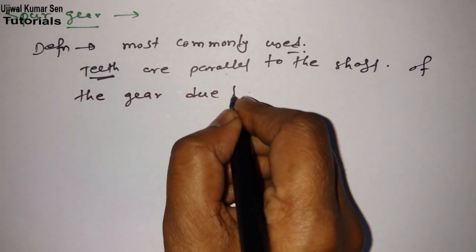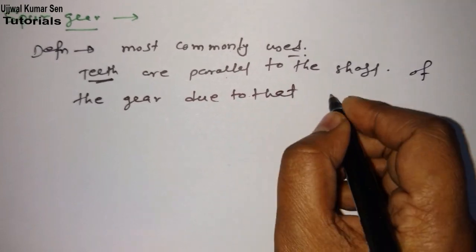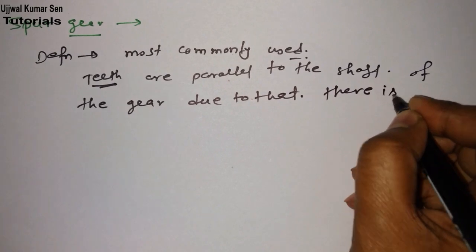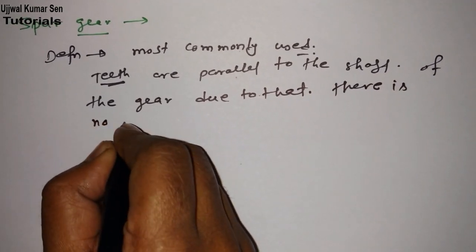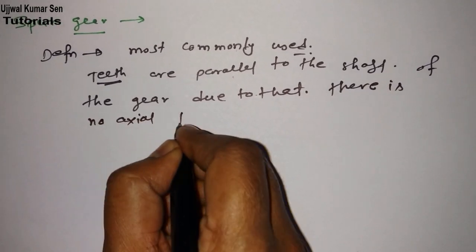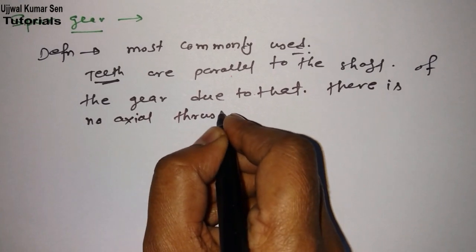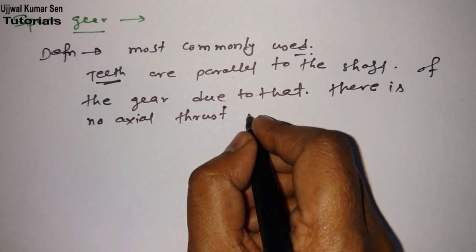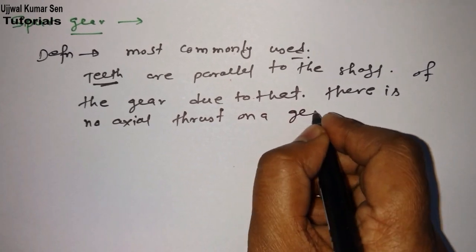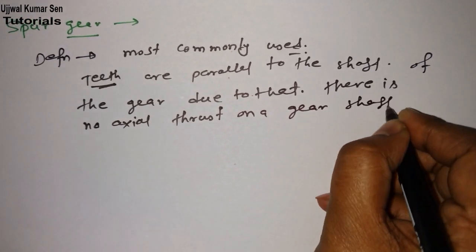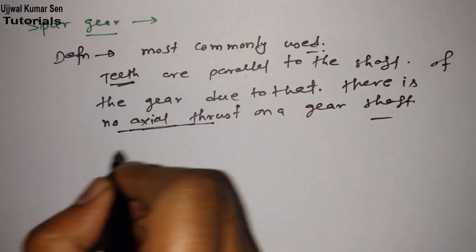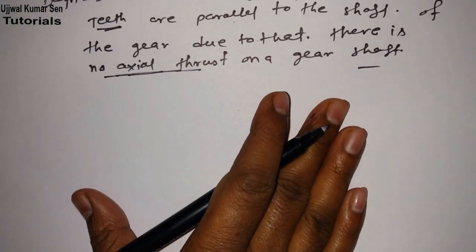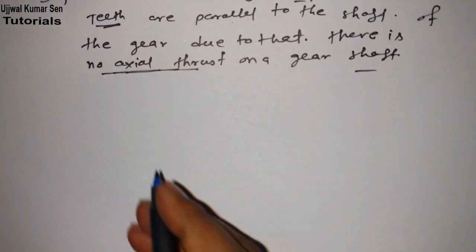Due to that, there is no axial thrust on the gear shaft. This is the key. Because of this we use this type of gear. It is the most commonly used, right?